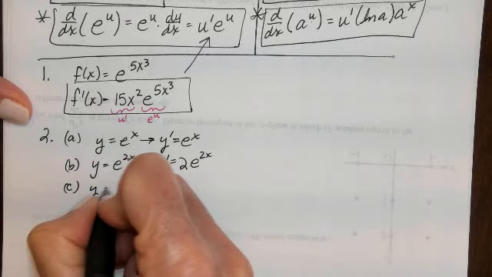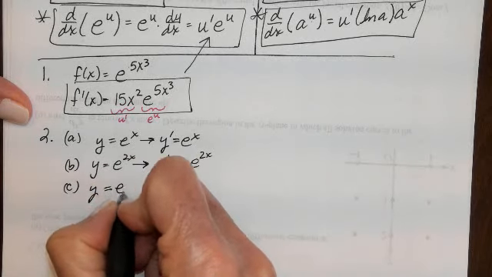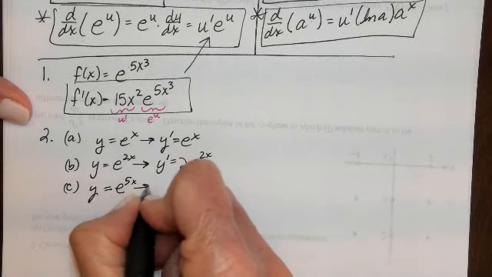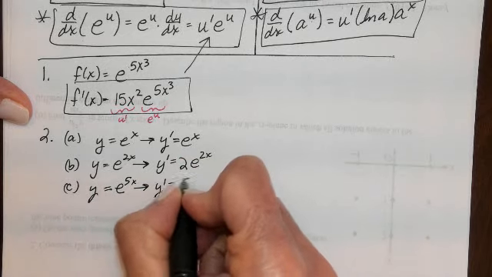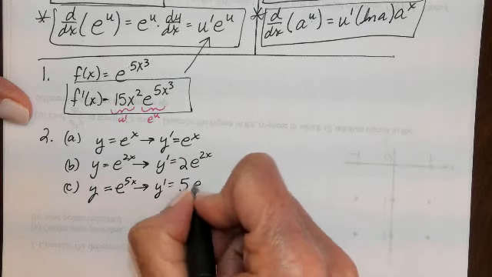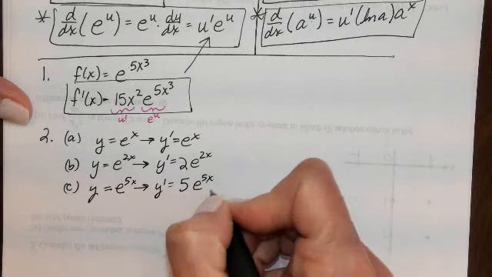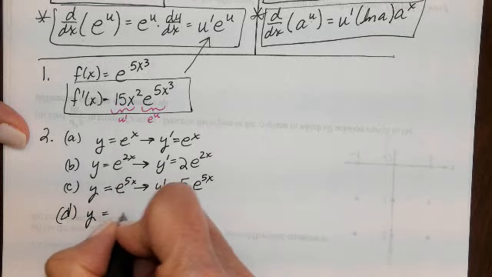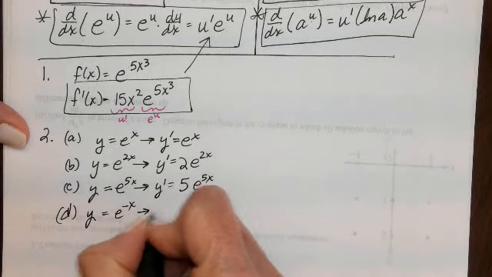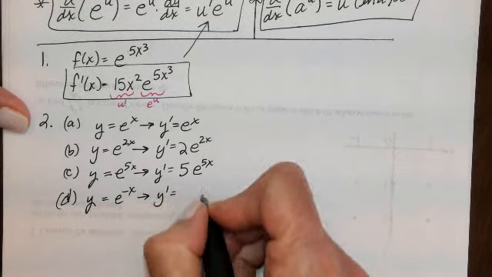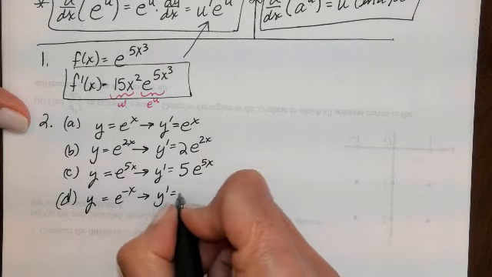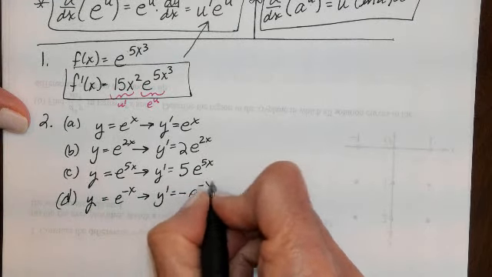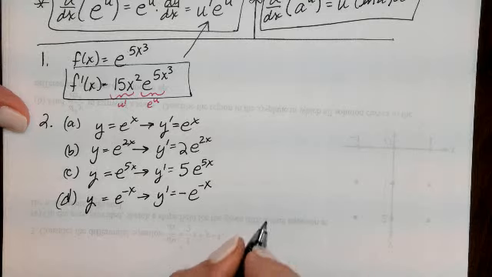C. What if y is e to the 5x? Well, y prime would be the derivative, 5 e to the 5x. What if y was e to the negative x? Y prime would be the derivative, negative 1 e to the negative x. Not too bad.